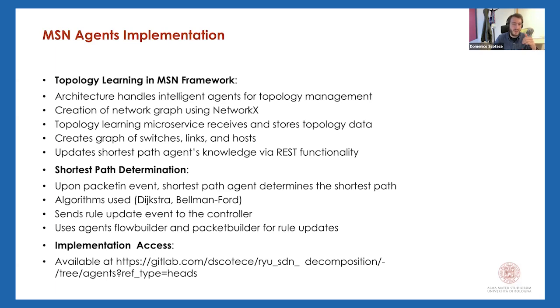Then you can use this knowledge to, for instance, determine the shortest path, or to avoid certain paths, maybe because there is an attack or an intrusion. You can build whatever you want in this kind of architecture.